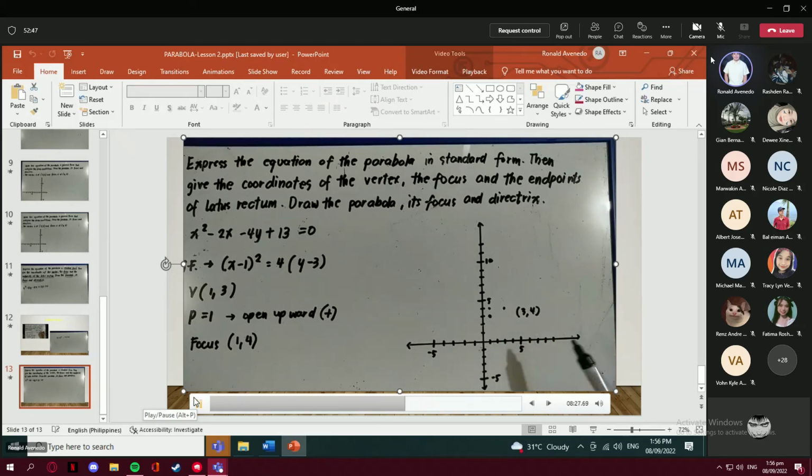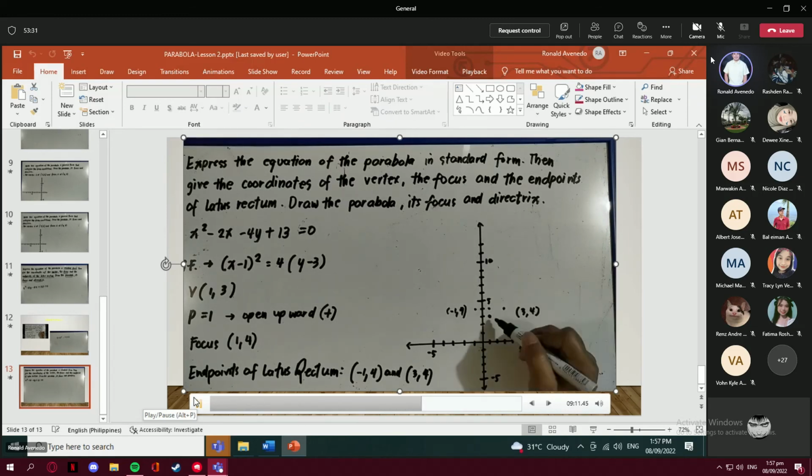Then the second endpoint, 2 papuntang left, so 1, 2. So this is negative 1, then 4. So endpoints of latus rectum: we have negative 1, 4, and 3, 4. Pwede lang silang magkabaliktad. It's okay.